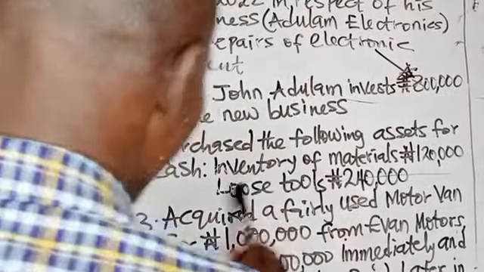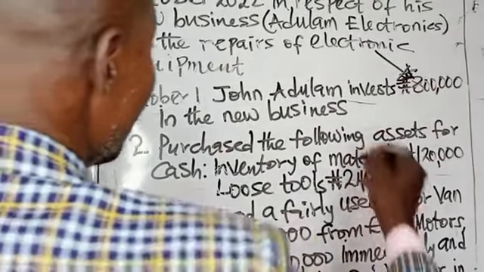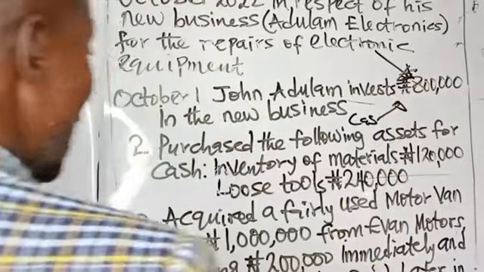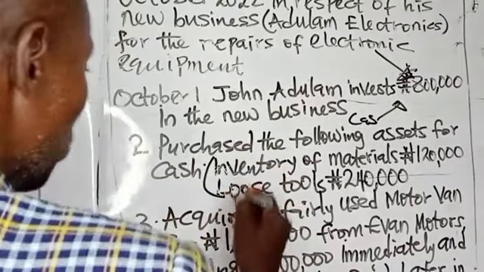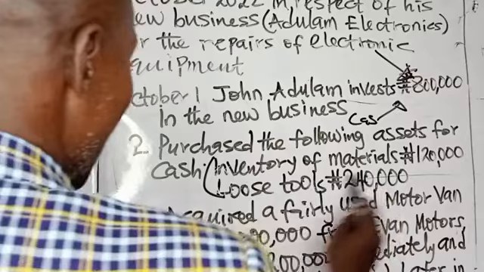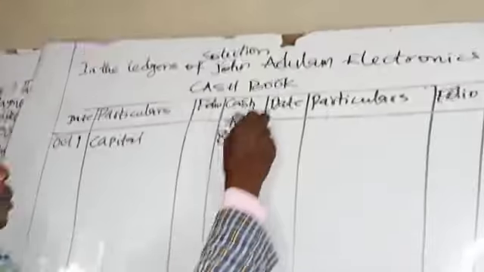So now you are giving out cash. Cash is going out. Since cash is going out, you credit the cash account. Then you debit these two accounts. Now, inventory, 120,000. Loose tools, 40,000 on October 2nd.